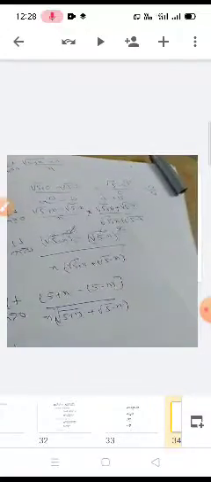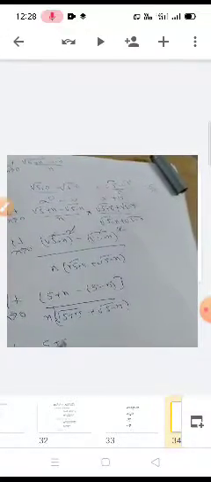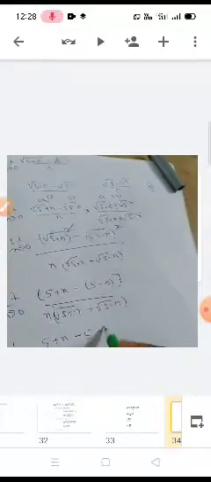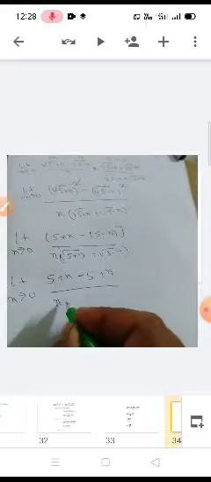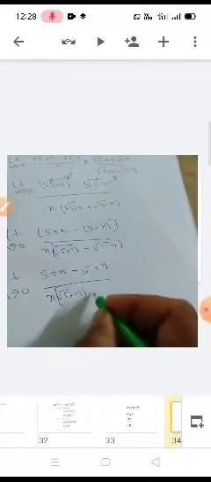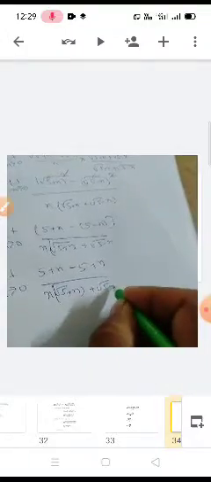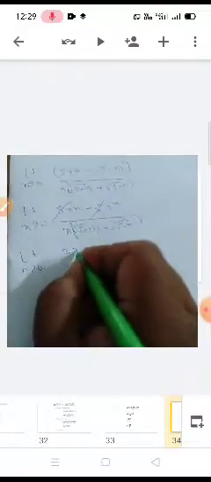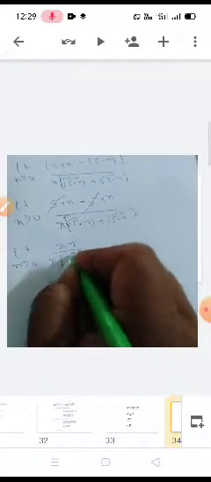Limit x tends to 0, 2x/(x(√(5+x) + √(5−x))).